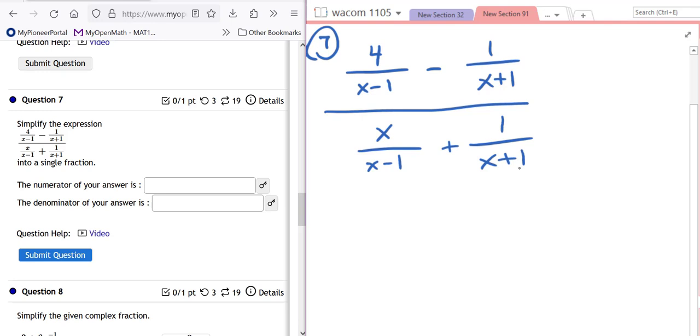For your common denominator, you're going to need x minus 1, x plus 1. So you have to multiply by that whole thing, all 4 pieces. I'm going to stick it on here first because this looks like the easiest spot.